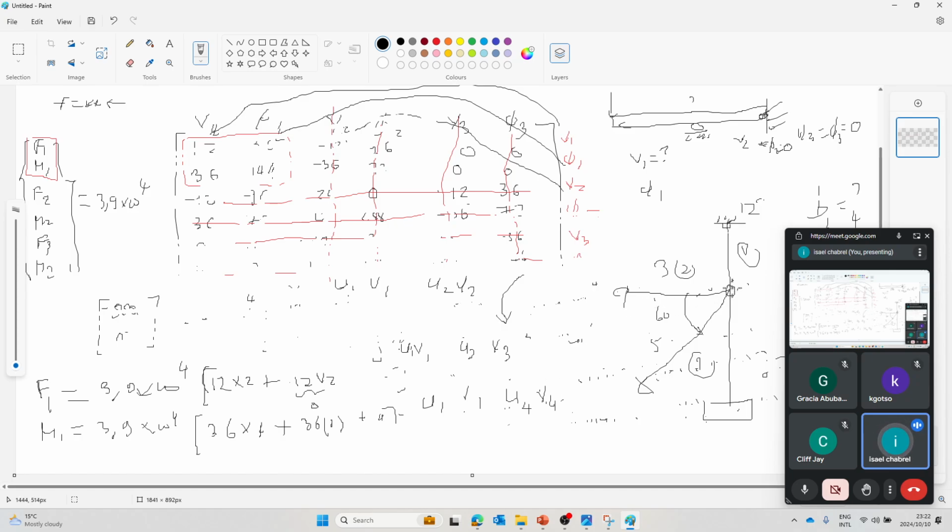For element 1, alright, let's say this one is your reference point. You are reading anti-clockwise from here. Your element 1, the angle will be 0.